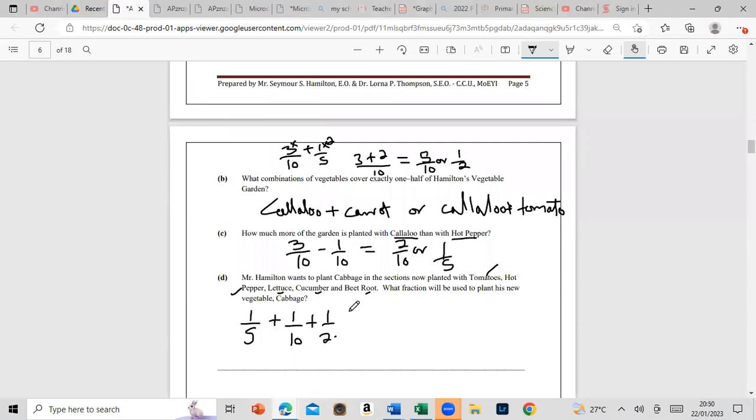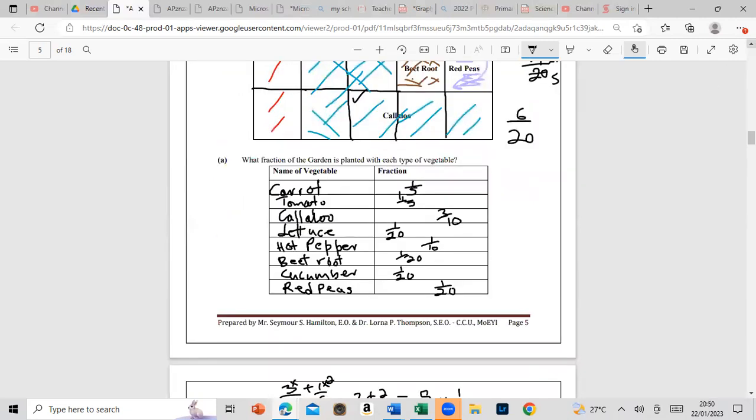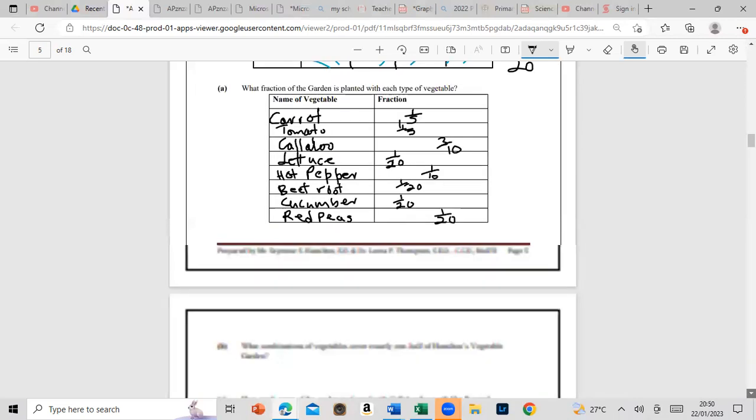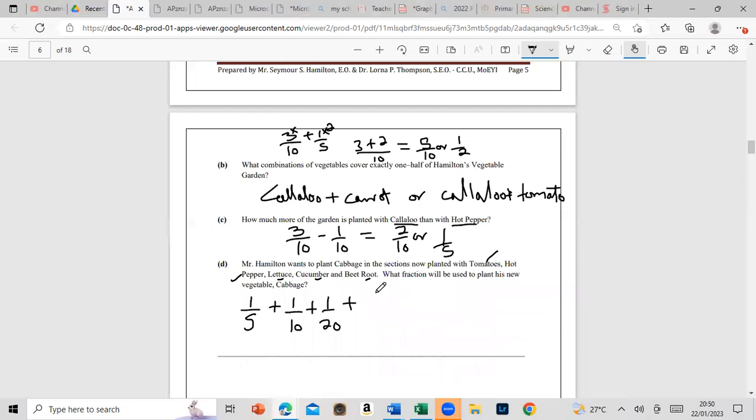Alright. Which do we have next now, guys? We have cucumber. Cucumber was 1. Let's see. Alright, cucumber was 1/20 also. So we have that.